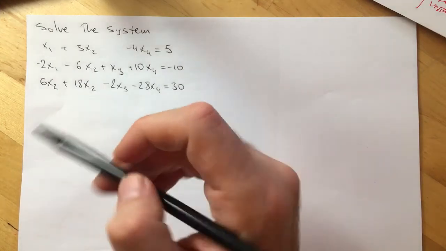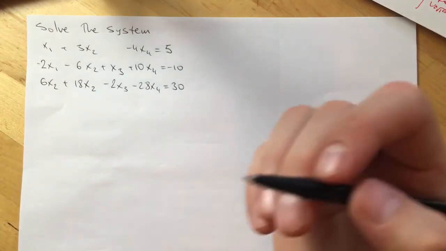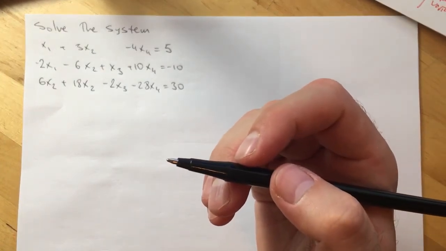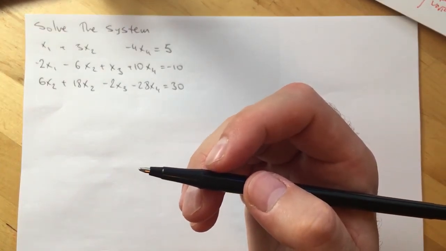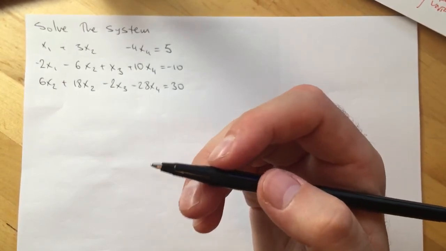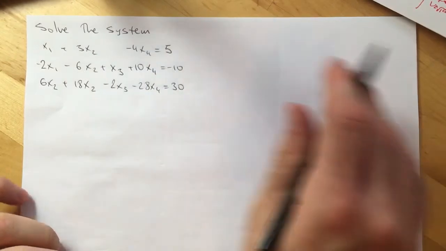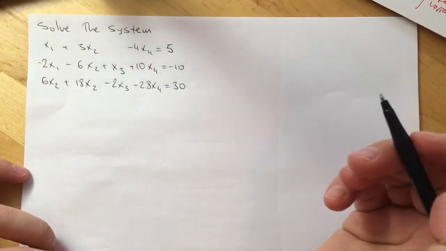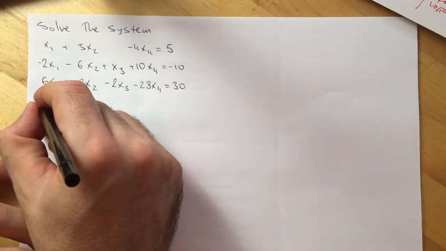Okay, so geometrically you can try to interpret them somehow in your head, but it's impossible for me to show you what these hyperplanes look like, right? So what do we do?